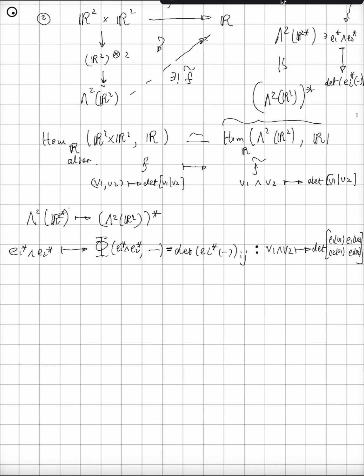And this is exactly telling you that if this is AB, this is CD, then this is the determinant of A, B.